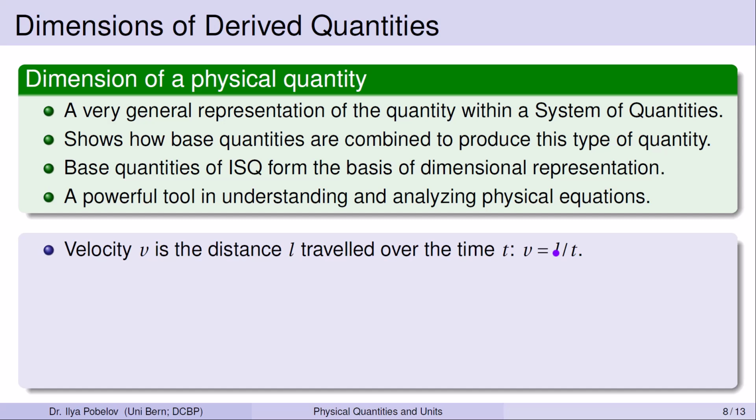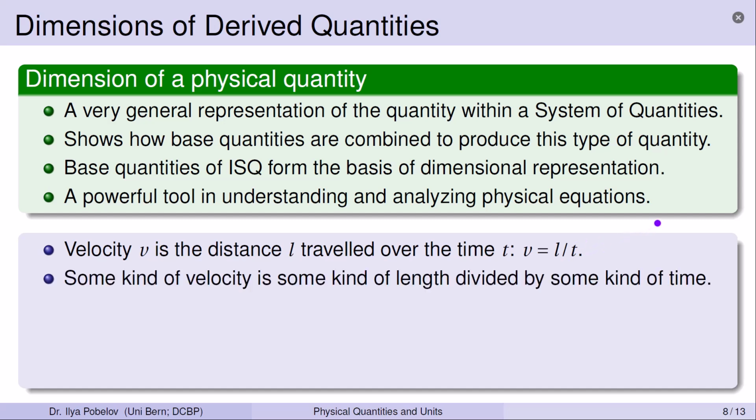What's important is that we consider some kind of distance, or, referring more specifically to ISQ, something of the same type of physical quantity as length. It's the same with time. We refer to some kind of time. Then, something that is some kind of velocity is always some kind of length divided by some kind of time.